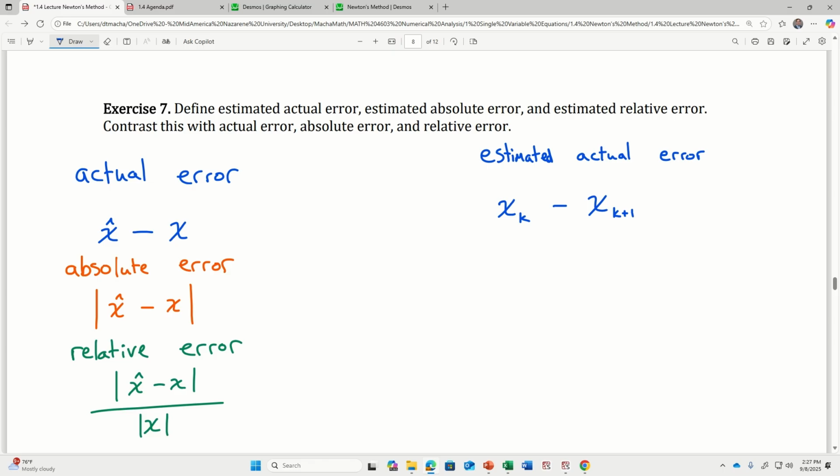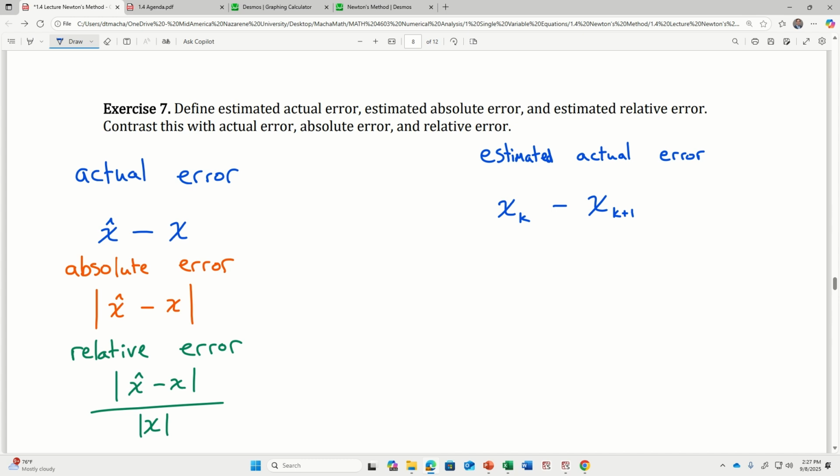We pretend that the previous iterate was just an approximation, and we pretend that our current iterate is the real value. And that sounds dumb, and it is dumb, but it's the best we have to work with, right? For all we know, we are hoping that Newton's method is converging, and if it is converging, then xk plus 1 is as close as we can possibly get to the real value.